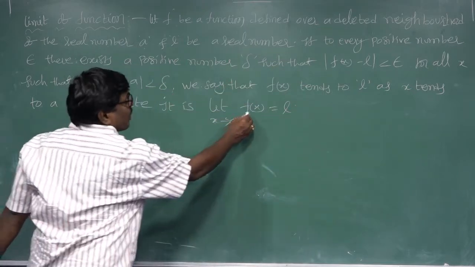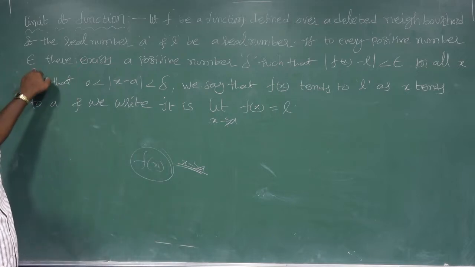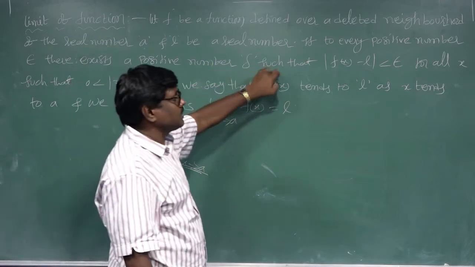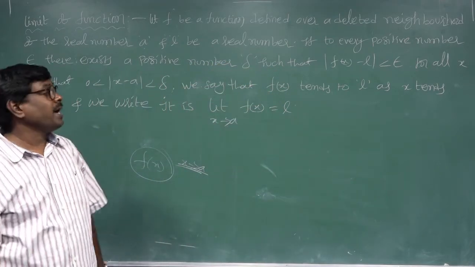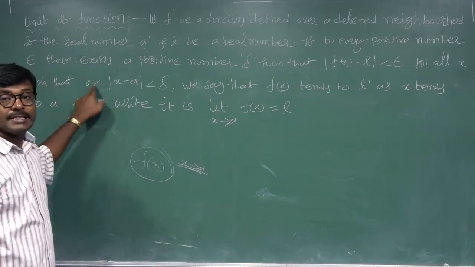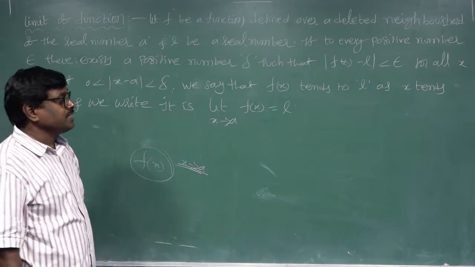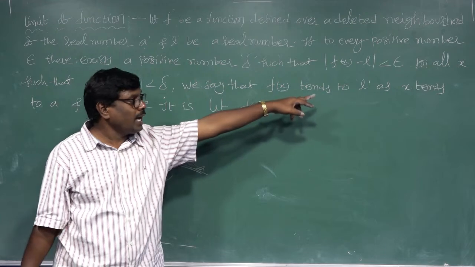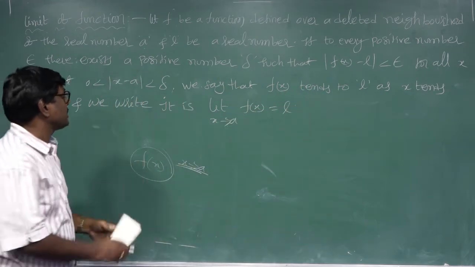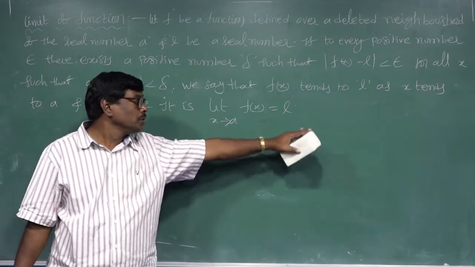The limit of f(x) equals L if for every positive number epsilon there exists a positive number delta such that |f(x) − L| < ε for all x such that 0 < |x − a| < δ. We say that f(x) tends to L as x tends to a, and write the limit as x tends to a of f(x) = L.